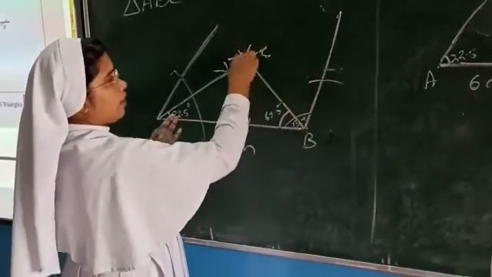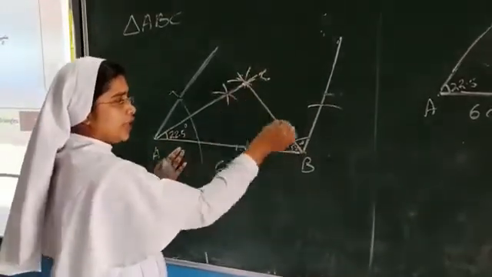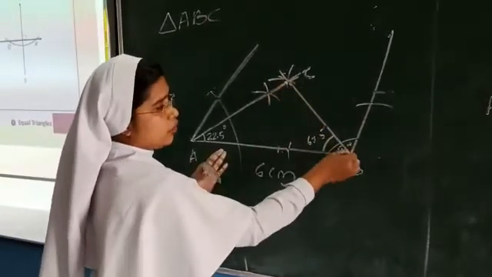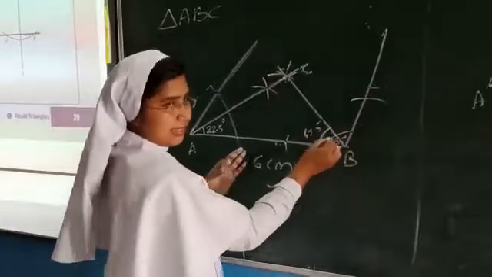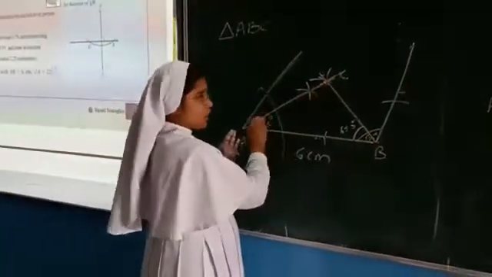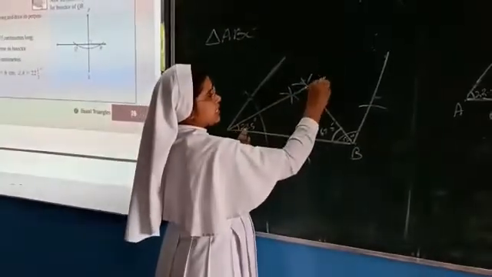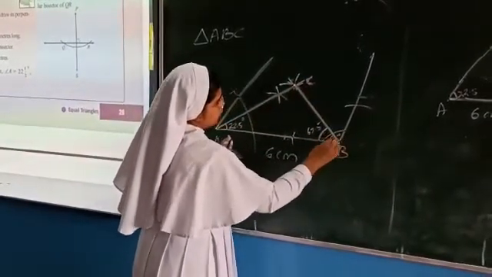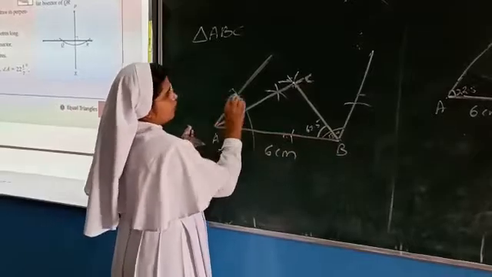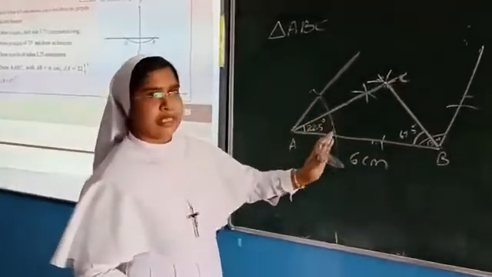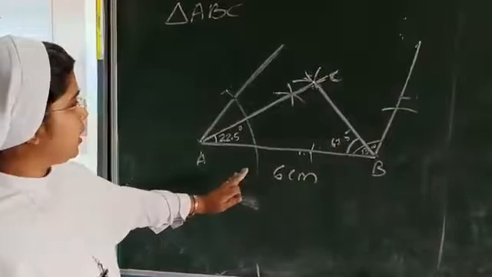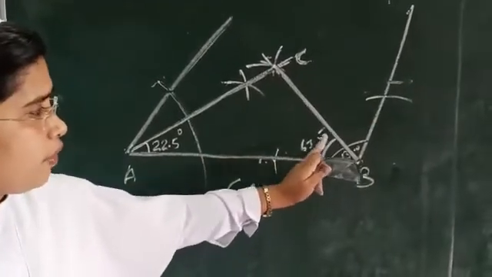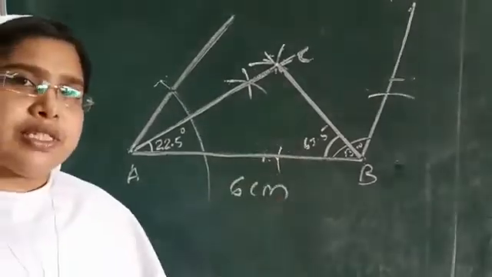From there another arc we have drawn, joined together the midpoint of B and this point. Then we got a bisector for angle B. Okay, so joining together we got C. So the question what is asked of us, only we have this much portion. Okay, so we have drawn triangle ABC with all the measurement values asked of us. Here it is 22.5 and here is 67.5 and AB is equal to 6 centimeter.